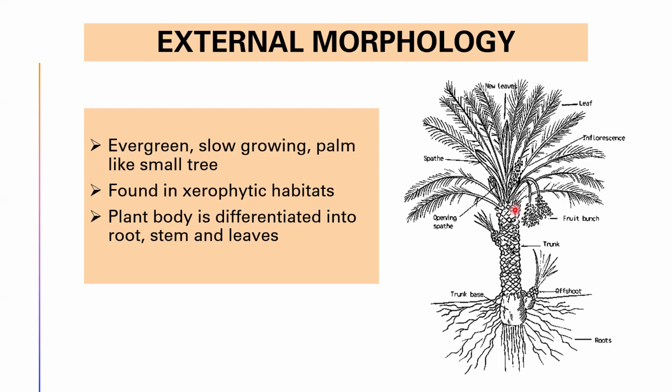That is, it has a short height. So, you can see in this diagram the morphology of Cycas, where root, trunk, and leaves complete the morphology of the sporophyte of Cycas.